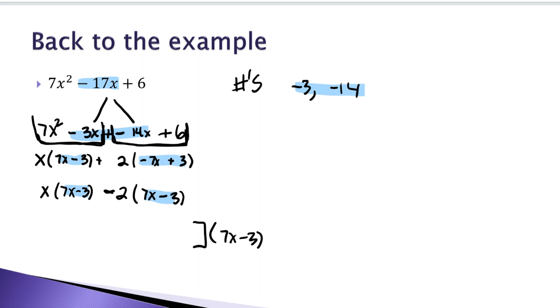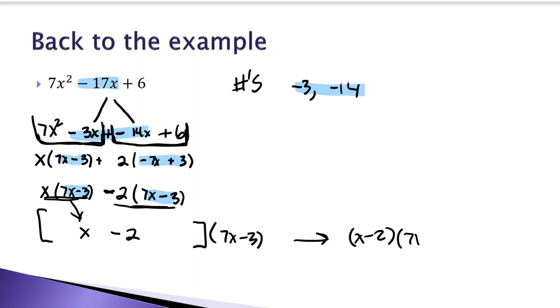That's the thing that I factored out. And in this piece, that leaves an x. And in this piece, that leaves a negative 2. So this factors out to x minus 2 times 7x minus 3. There's my factorization. And again, we can check it with FOIL.